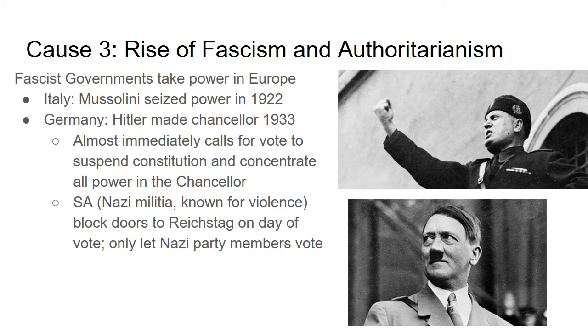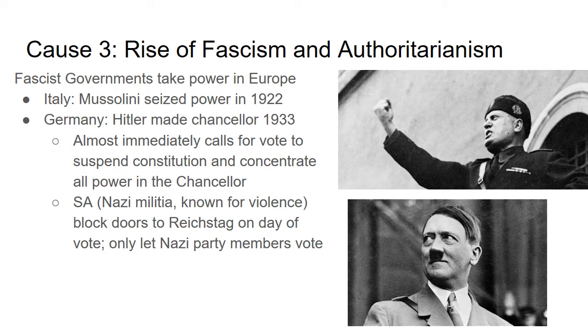However, Hitler turns the tables on them. He almost immediately calls for a vote to be made in the Reichstag to suspend the German Constitution, the Weimar Constitution, and to concentrate all power in the hands of the Chancellor. And Hitler then stacks the vote by blocking the doors to the Reichstag.